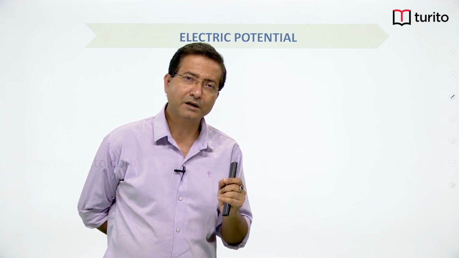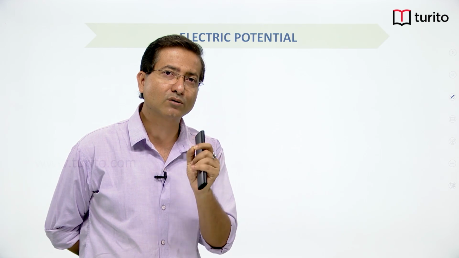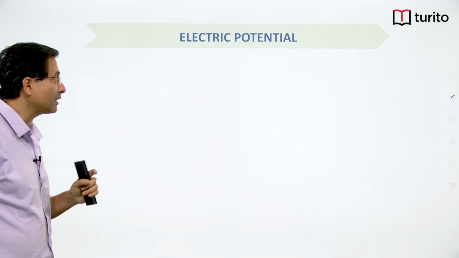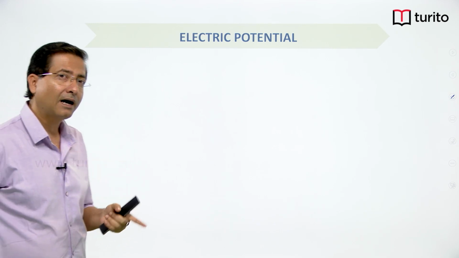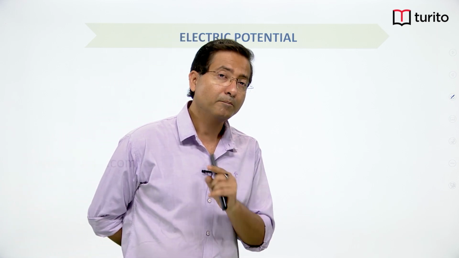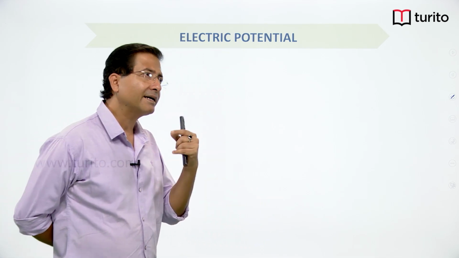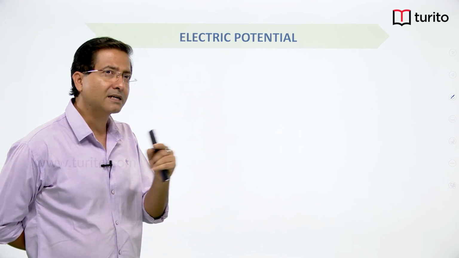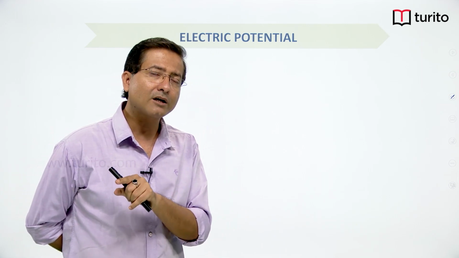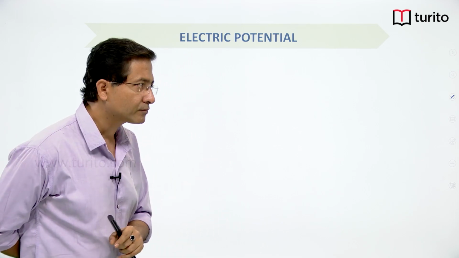Field at a particular point we define absolutely, right, but we do not define the potential absolutely at a particular point, we always define the difference. So basically when I talk about electric potential, I will always be talking about potential difference between 2 points in space. If I take one as reference, with respect to that reference I can tell the potential at another point, but whenever I am talking about potential, it is always the potential difference, right.